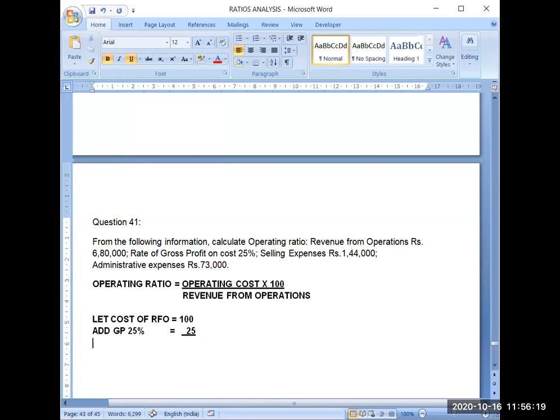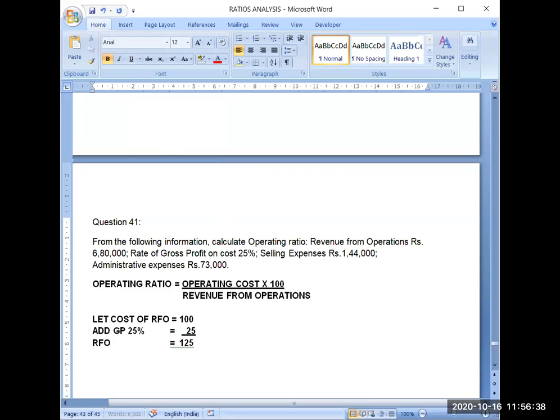And if I add profit to cost, obviously what I will get? I will get revenue from operation. I am using abbreviations for time saving purposes, but try not to use them. So my revenue from operation will be 125.